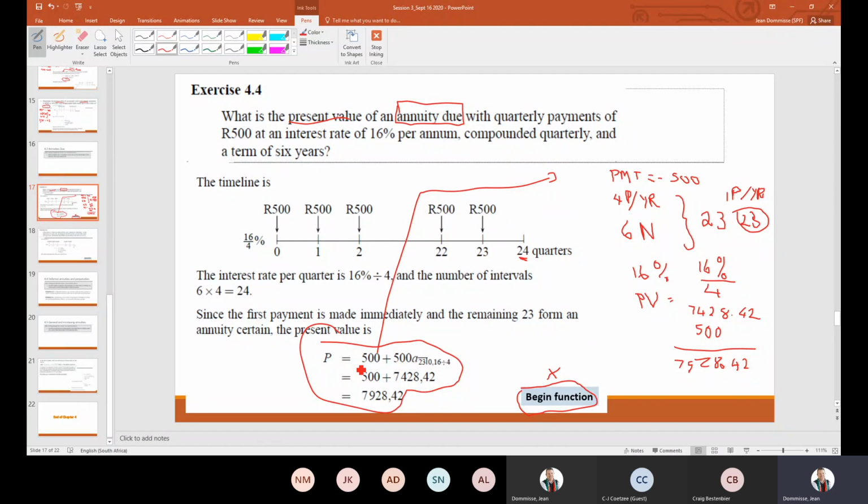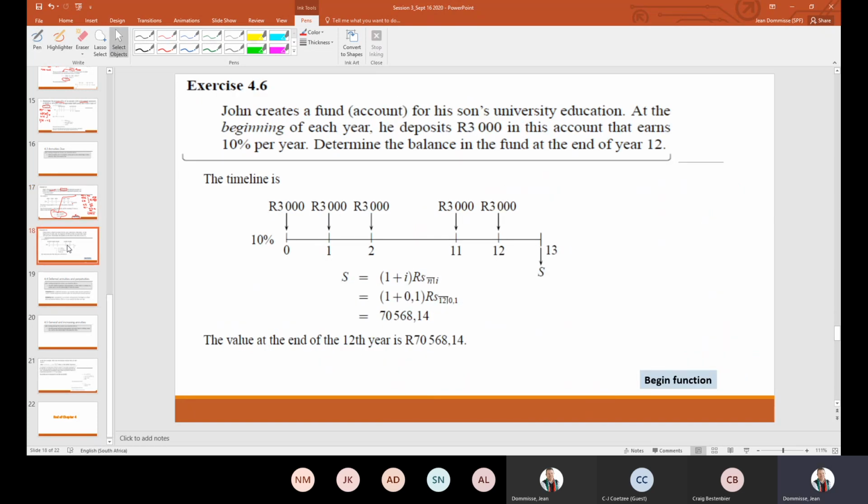Because in the exam, one of your questions may be begin, and it's only for that one question, and then suddenly the next question is not begin, and if you haven't reset your calculator, you will get a wrong answer. So the tip I want to give you is, after each question, reset, especially if it's very specific things that you only need to use for one or two questions. Okay, so let's look at the next one.